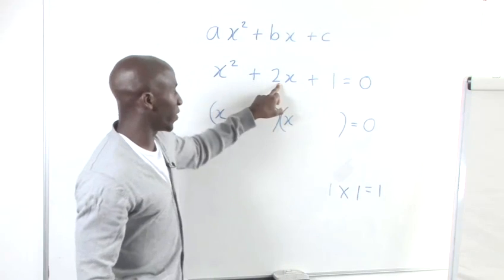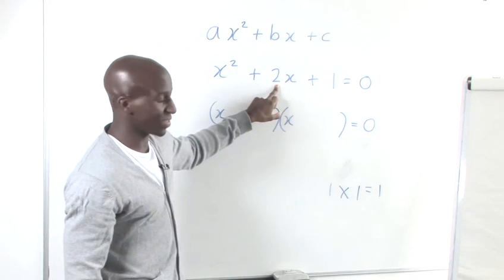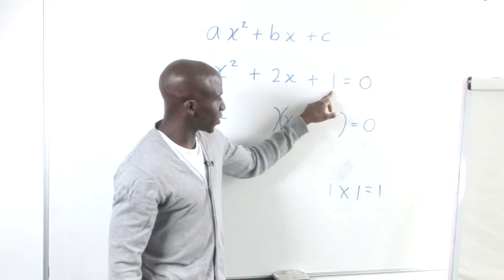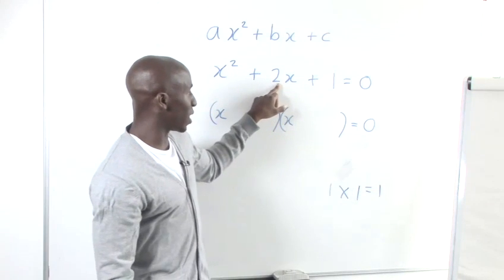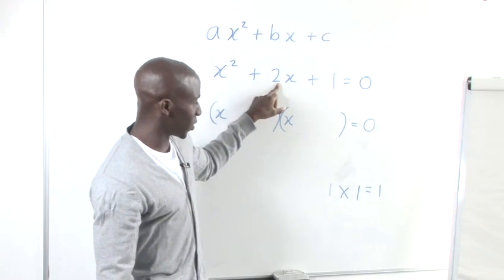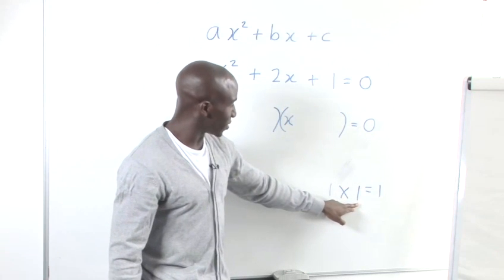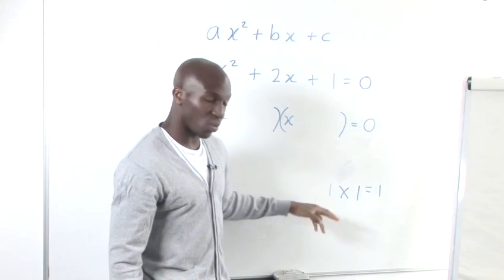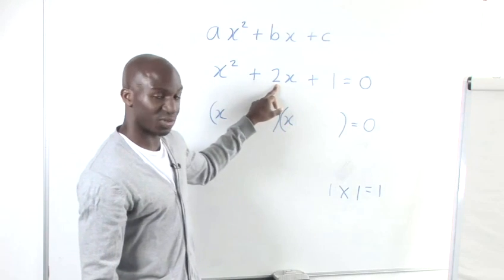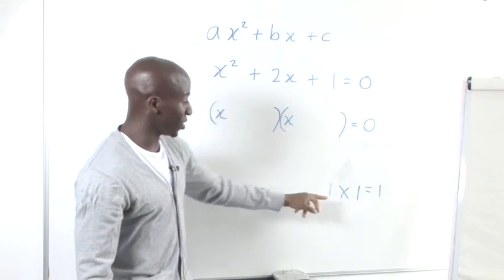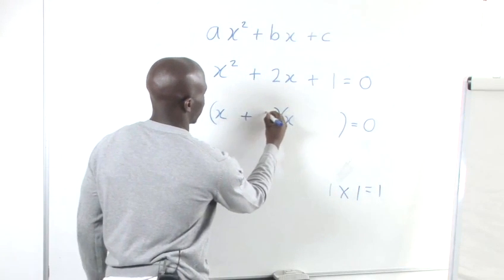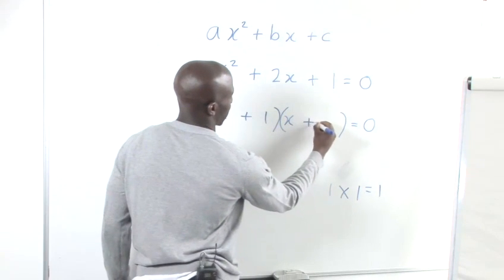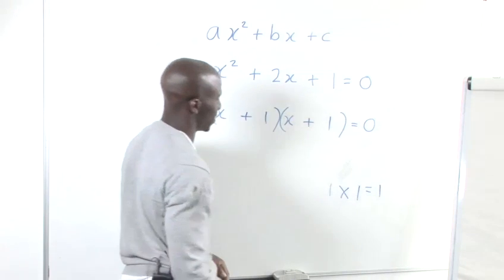As well, with this number, we need to identify the factors of this number as a summation to acquire this number. So if you look at these two factors here, 1 and 1, when added together, it produces 2. So the only solution is 1 and 1. So we've got 1 positive here and 1 positive there.